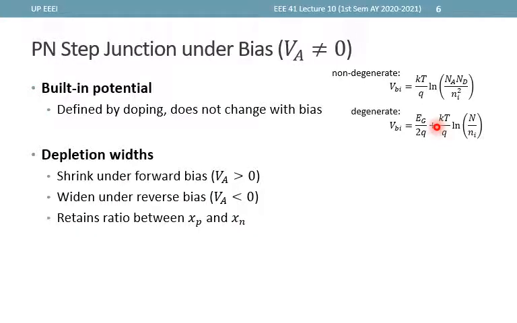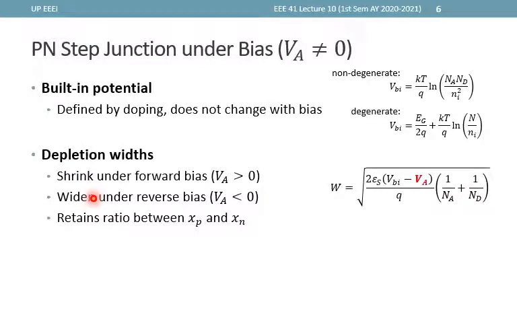Now we try to come up with our modified equation for the depletion widths. For some observations, first we noted that when we forward bias the device, the depletion width shrinks. When we reverse bias the diode, it widens the depletion width.